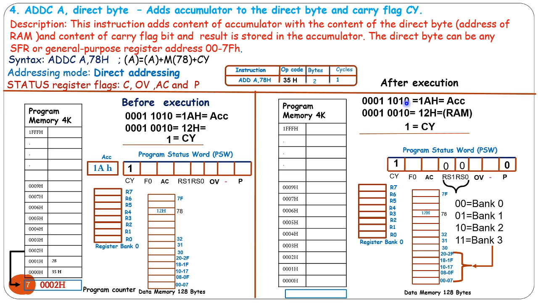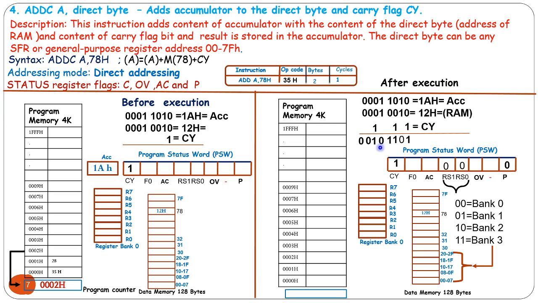So this is added. 0 plus 0 plus 1 will be 1, no carry. 1 plus 1 sum will be 0, carry will be 1. So 0 plus 0 plus 1 sum will be 1, carry will be 0. Now 0 plus 0 will be 1. Now 1 plus 1 sum is 0, carry will be 1. So 0 plus 0 plus 1 sum will be 1, carry will be 0. Now 0 plus 0 will be 0 and 0 plus 0 will be 0.